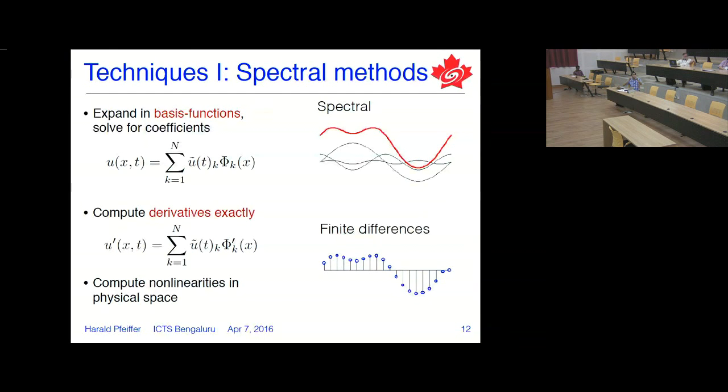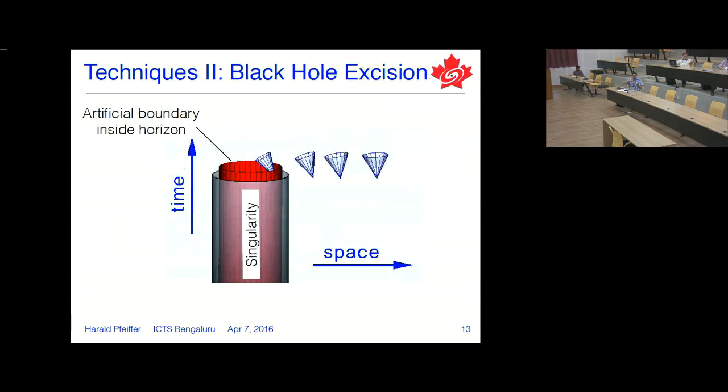Slide 13, we use black hole excision, where we take advantage of the light cones tipping over inside the event horizons. And so we can place the red artificial boundary inside the horizons of the black holes.